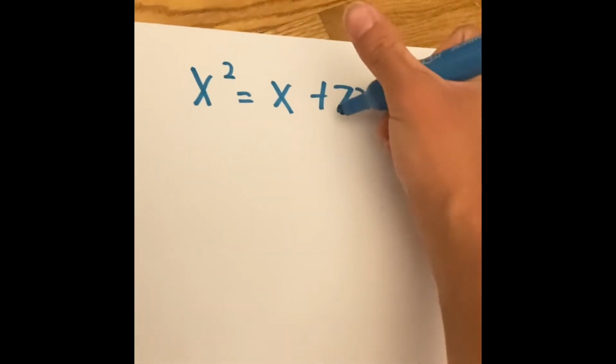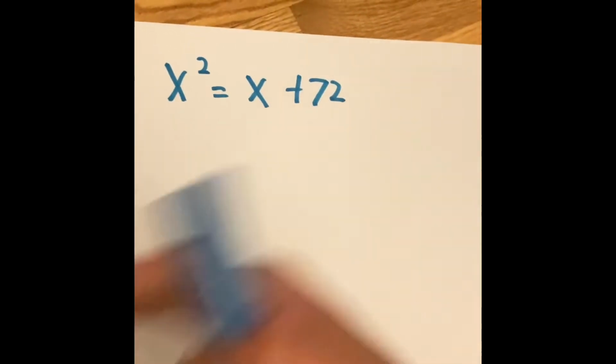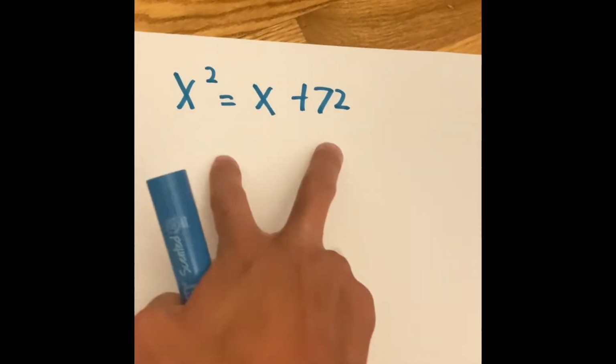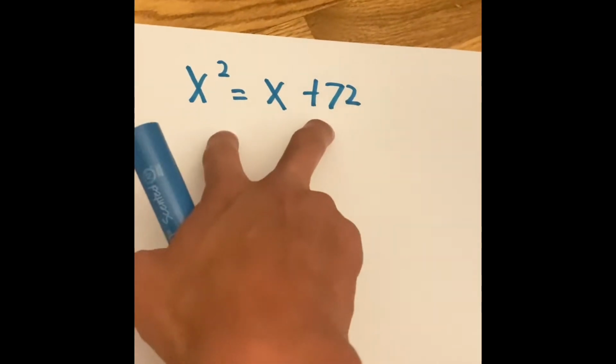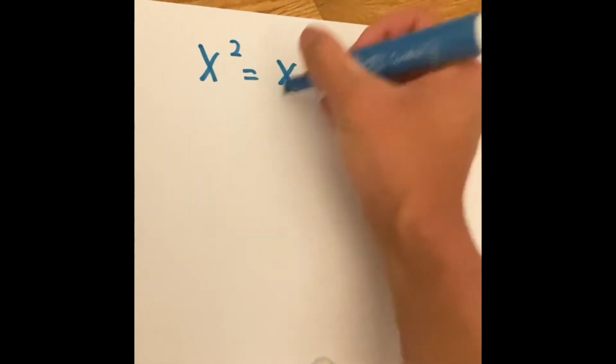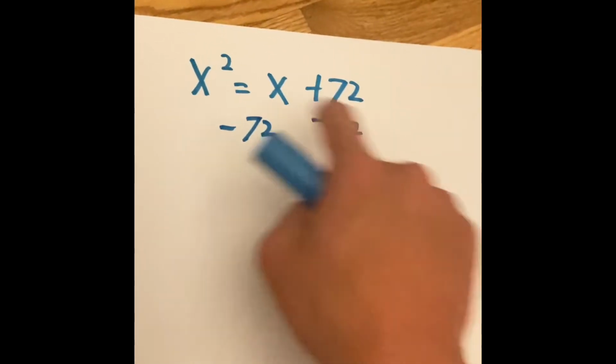So from the previous few videos, when we've been factoring out numbers and trying to figure out what the two binomials to make a trinomial are, we gotta subtract this side by 72 and subtract that side by 72 to get it on the other side.